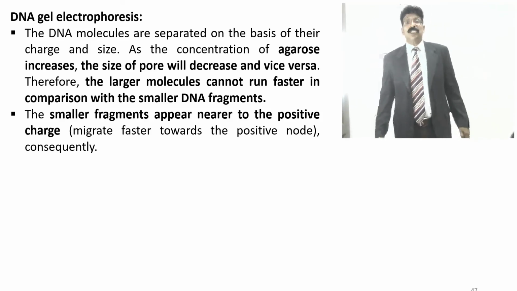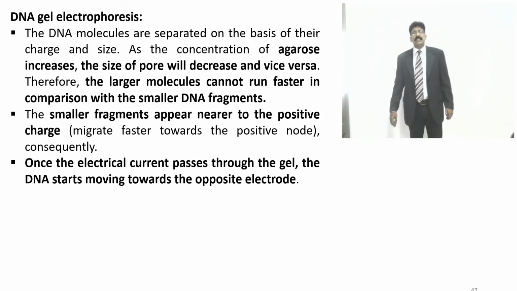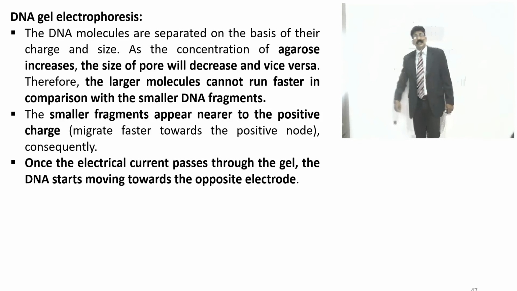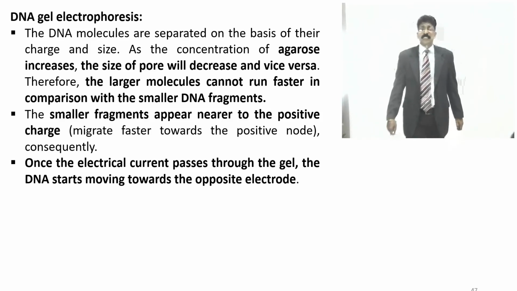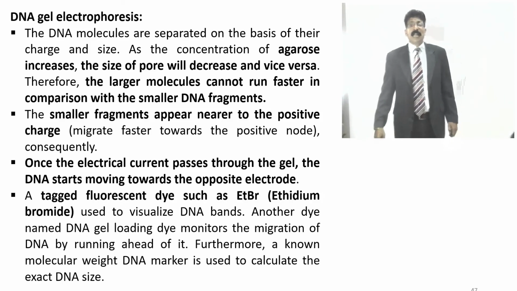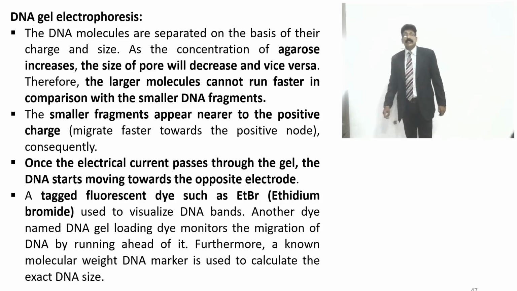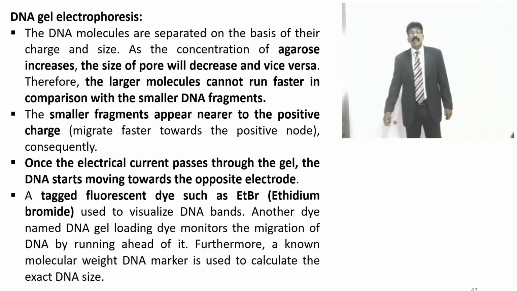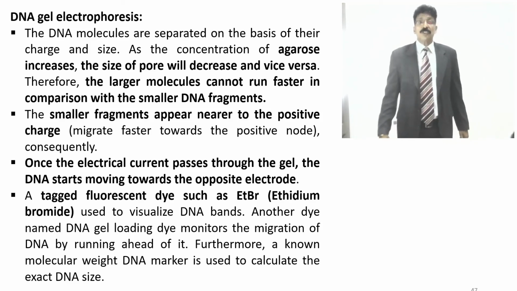Consequently, once the electrical current passes through the gel, the DNA starts moving towards the opposite electrode, and a tagged fluorescent dye such as ethidium bromide is used to visualize the DNA bands.